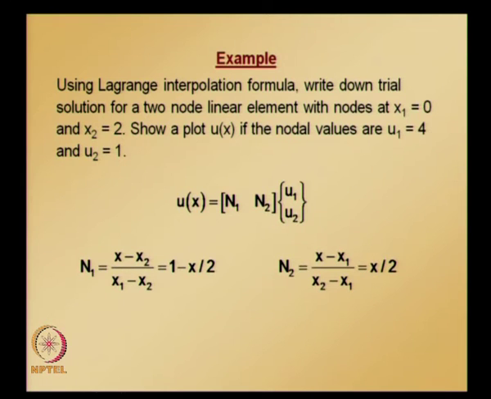So, the trial solution is u1 times N1, where N1 is substituted, plus u2 times N2, where N2 is also substituted, and once we simplify this, it turns out that this is equal to 4 minus 1.5 times x. So, the approximate solution u as a function of x is obtained.